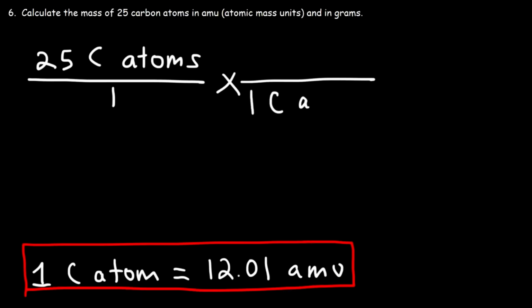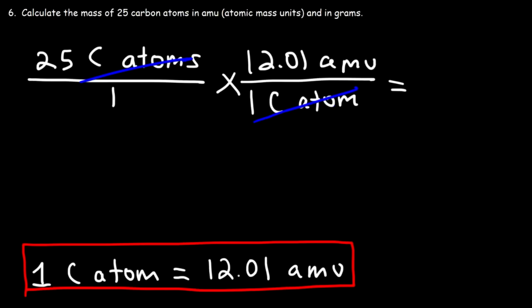So each carbon atom has a mass of 12.01 AMU. And so we could see the units carbon atoms cancels. And so it's just going to be 25 times 12.01. So the answer for the first part of the problem is 300.25 AMU.